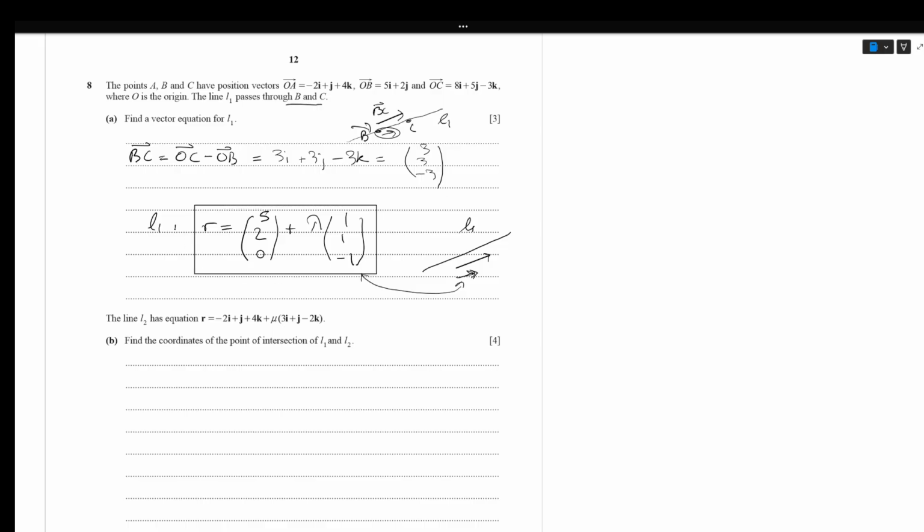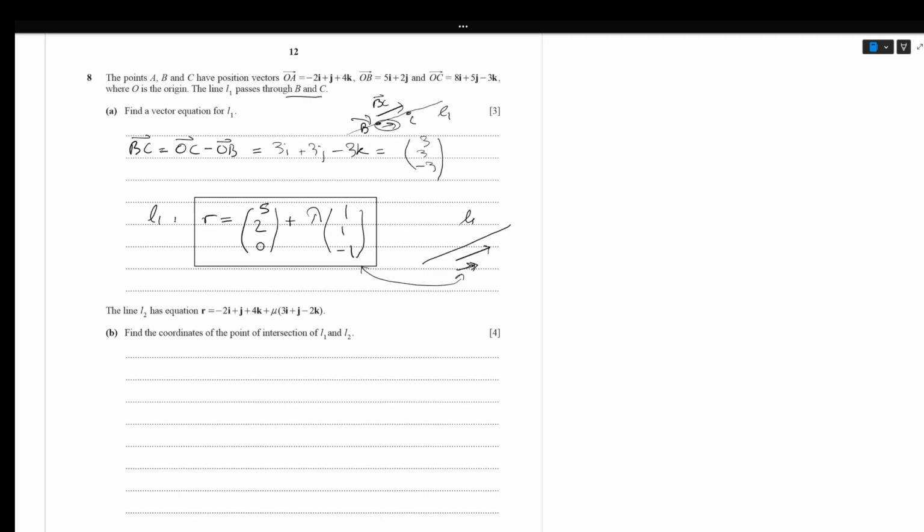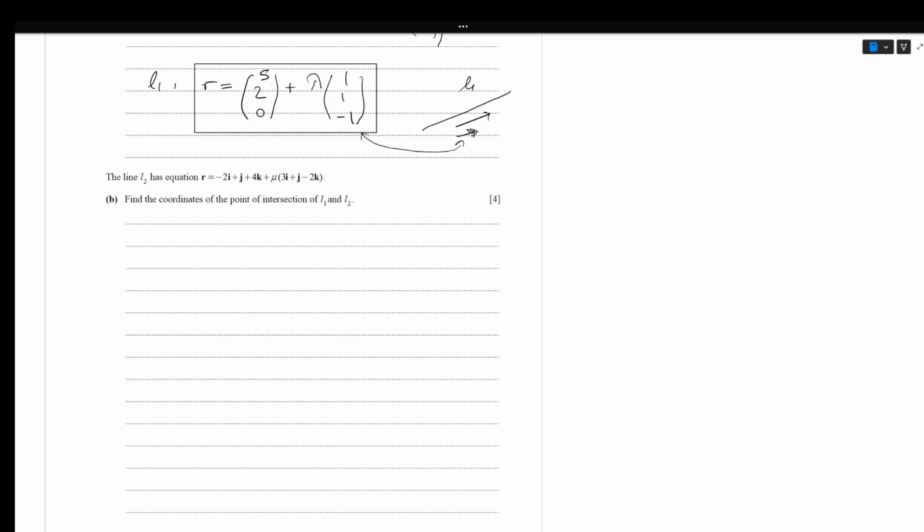सो मैं L1 की इक्वेशन में वो यूज करूंगा और rather than using i, j, मैं कॉलम फॉर्म में लिख रहा हूँ so that it is ज़्यादा visually easier to resolve बाद में. L2 की इक्वेशन गिवन है.